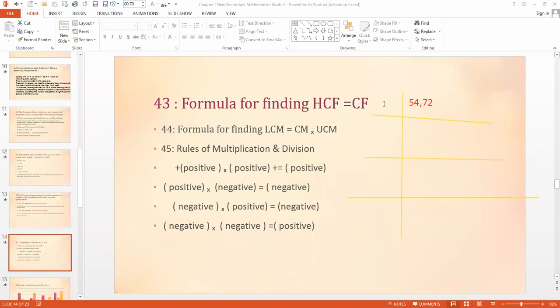Here I have to write 2. In the 2 times table, when will 54 come? Very easy. And in the 2 times table, when will 72 come? 36 times. Clear? Again, 27 is not divisible by 2, because it ends in 7; we have to keep in mind the test of divisibility.